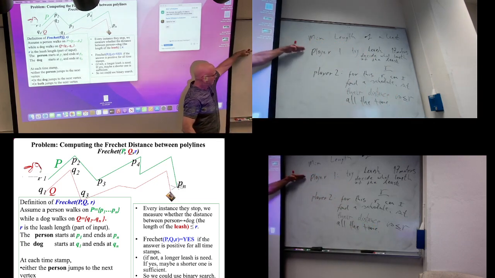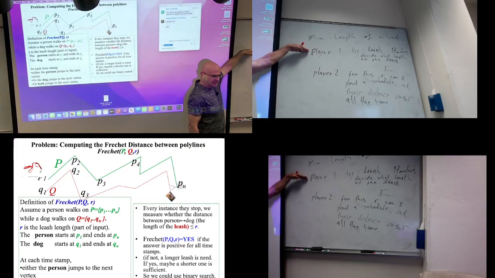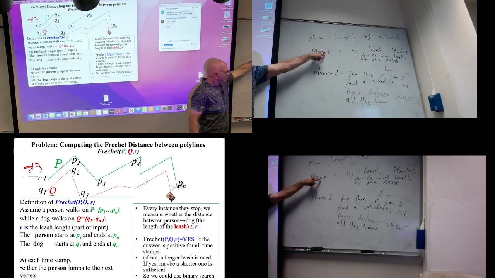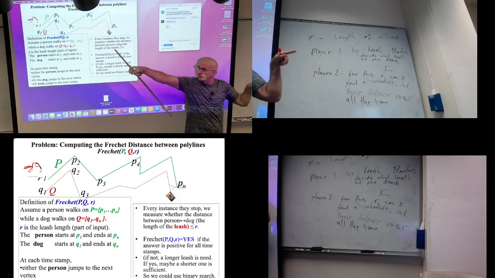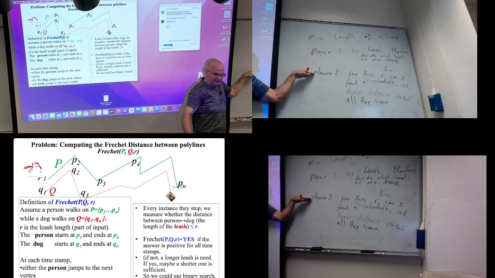See what's going on? Player one says, I want you to think about a leash of length 70. Player two says, okay, I'll try to find a schedule with a leash of length 70.